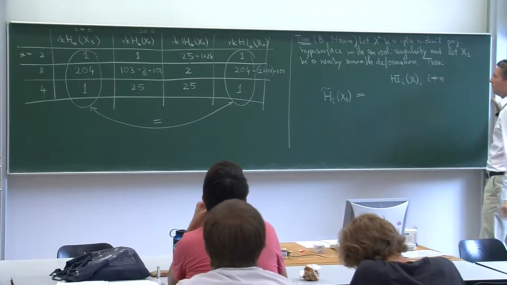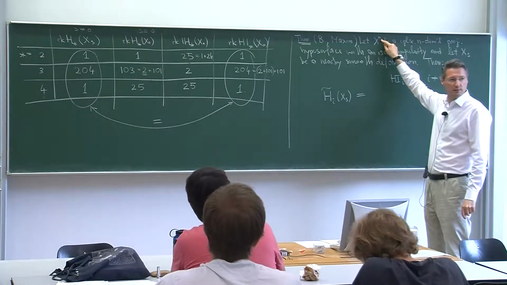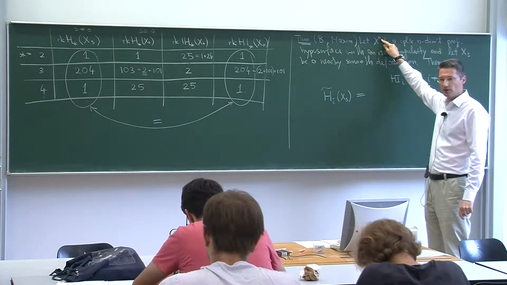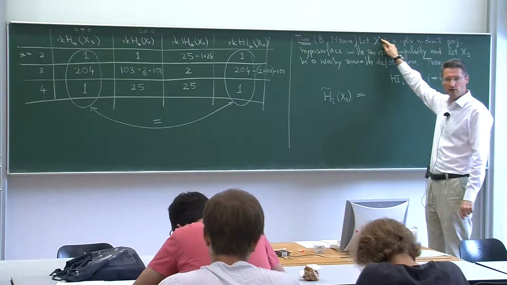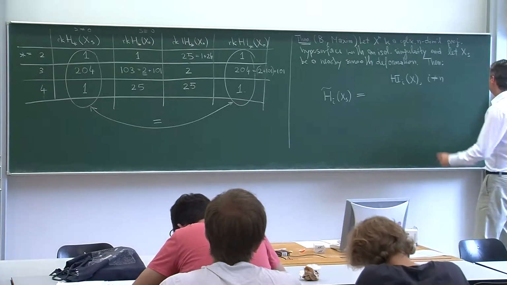By the way, I want to emphasize n here is the complex dimension, complex n-dimensional, so the real dimension is 2n, so n is the middle dimension of the space. Right?